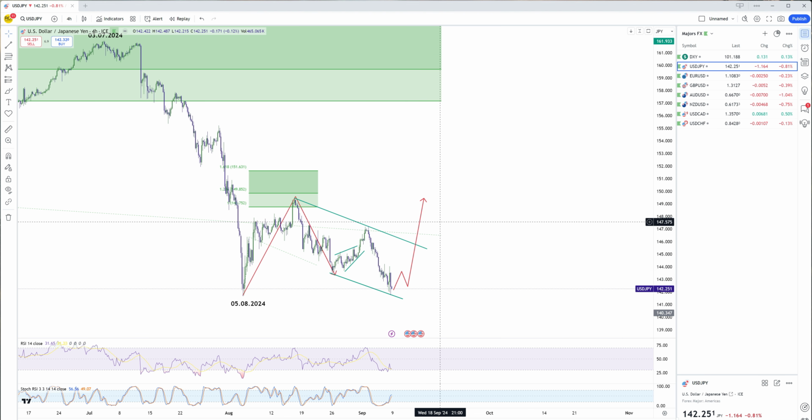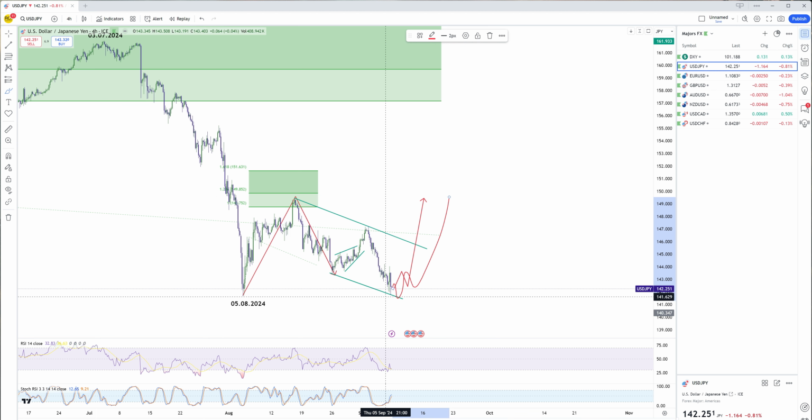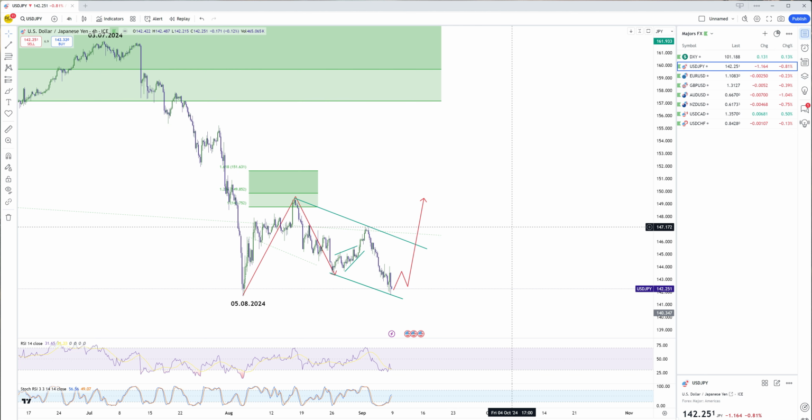This is what will be our expectation for the dollar yen. Alternatively, it might also make another fake spike lower before it does this move. So in either case, the next move for the dollar yen should be biased to the upside as well as the dollar index.